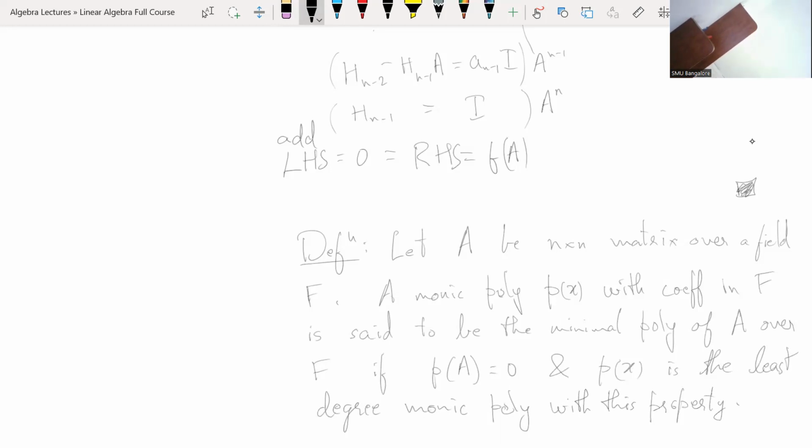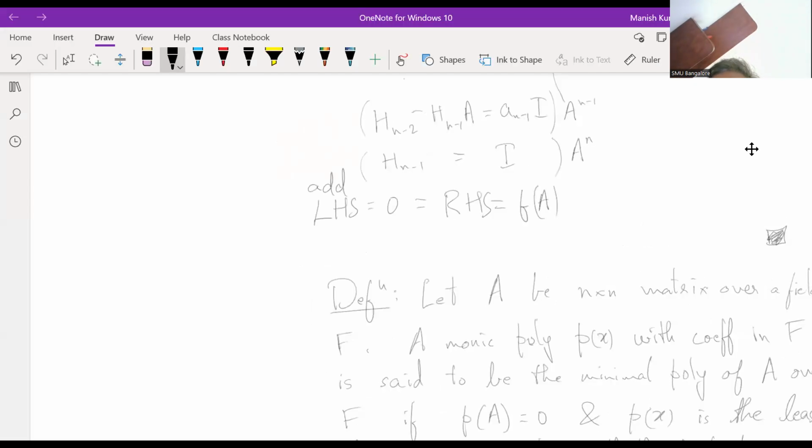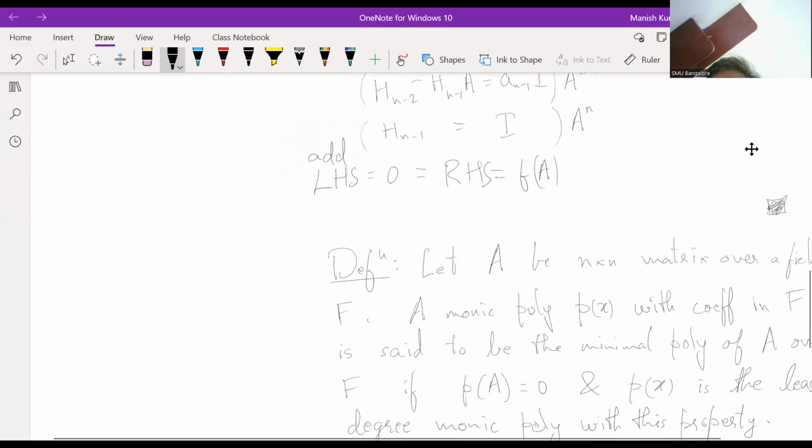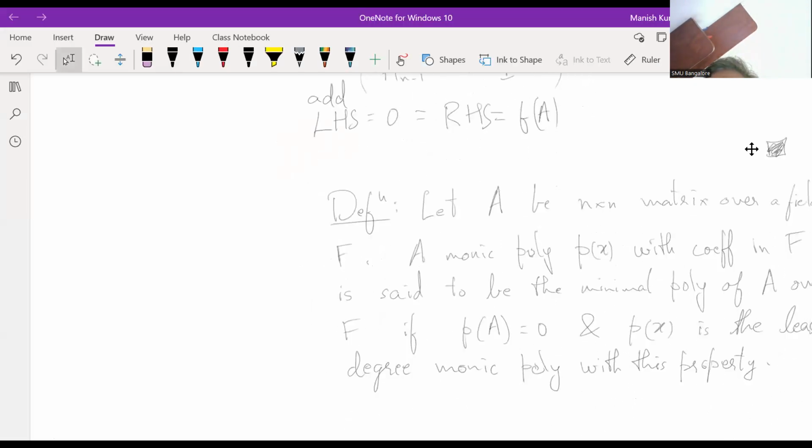Okay. So first of all, is there a monic polynomial such that p(A) is 0? What is that polynomial? The characteristic polynomial, yeah. So there is always a monic polynomial which A satisfies. So now you just look for the smaller degree polynomial.